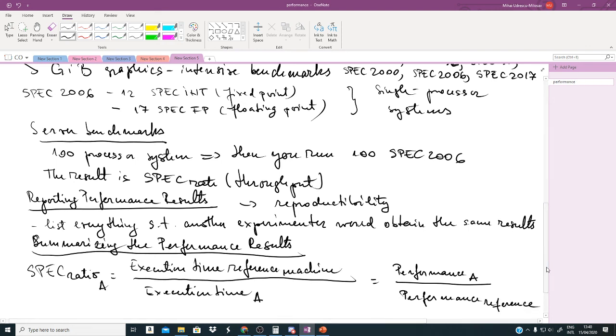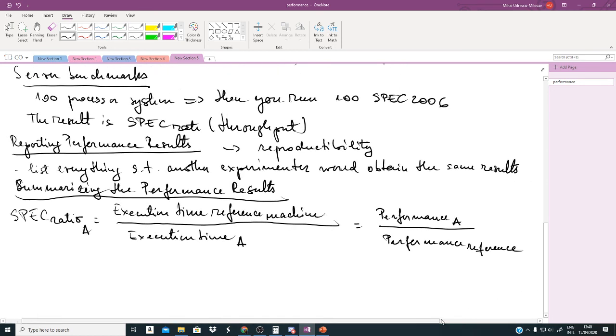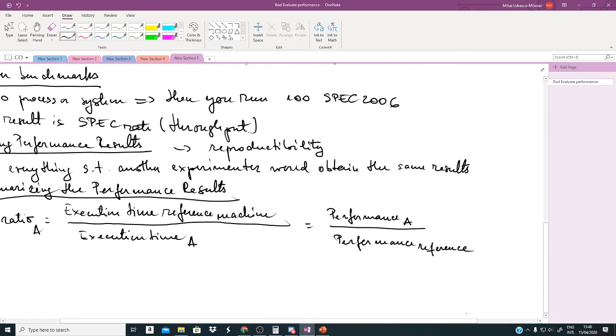So we are not talking about absolute times, we are talking about ratios. That's how we eliminate this bias when we compare programs that run longer with programs that normally run in shorter amounts of time.